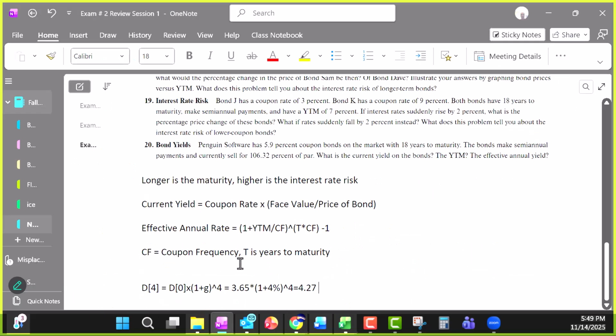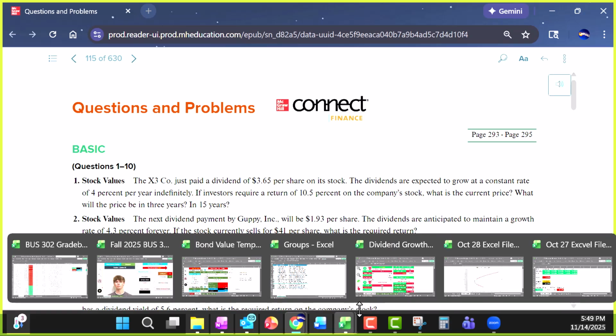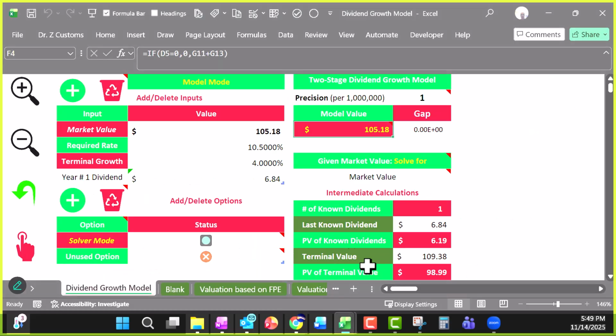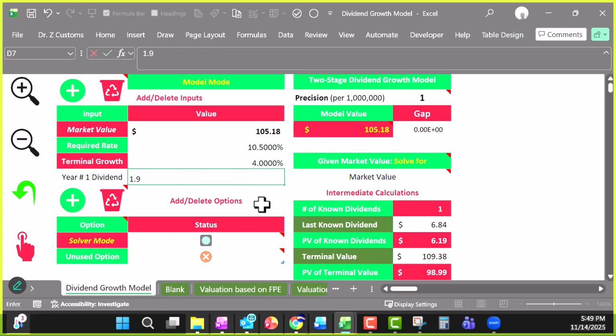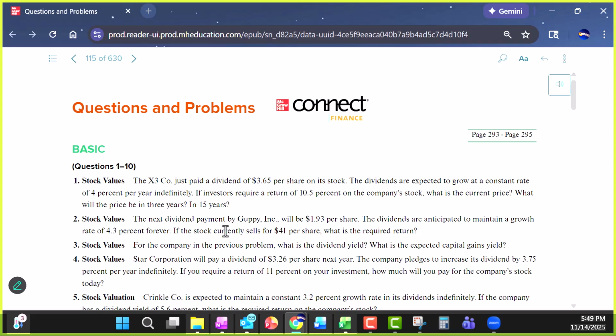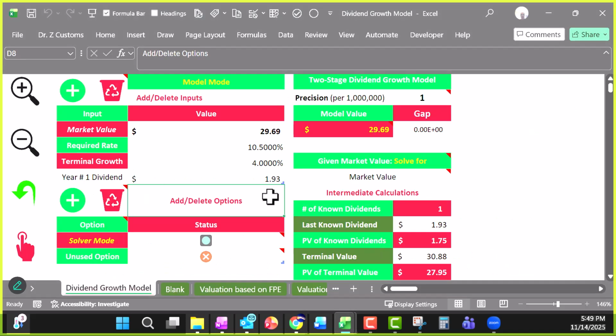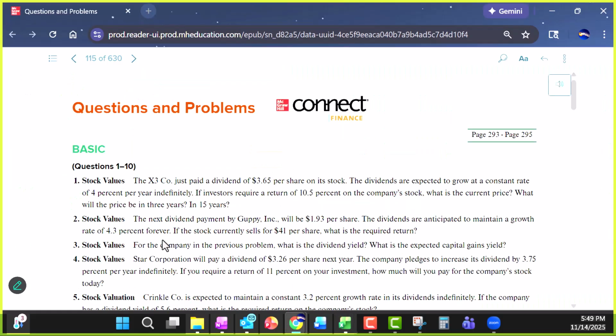Okay. 4.3% growth. If the stock currently sells for $41 per share, what is the required return? All right. Let me see. 4.3.